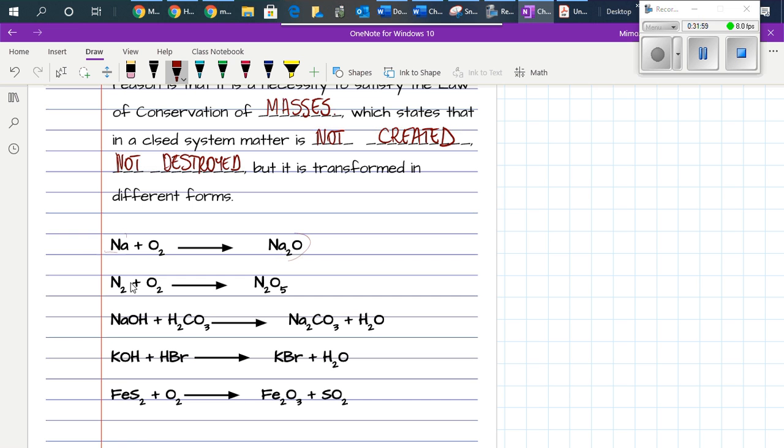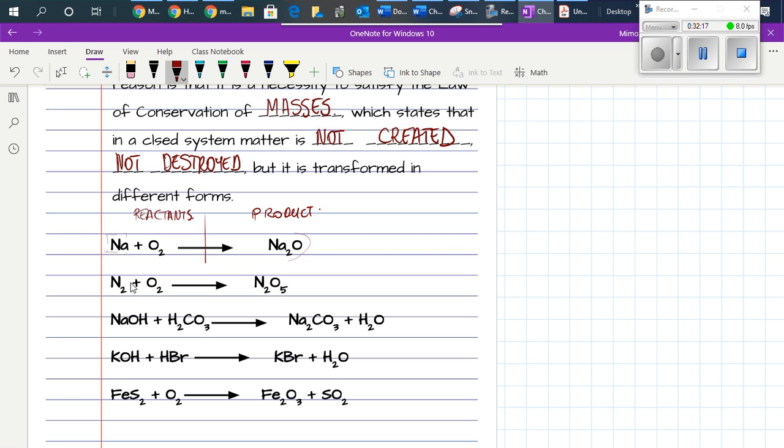If we see sodium here, it is only one atom on the reactant part, and this is products.